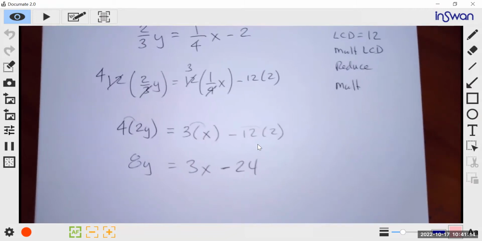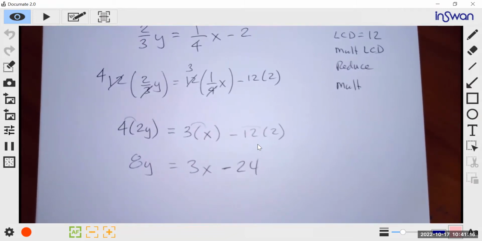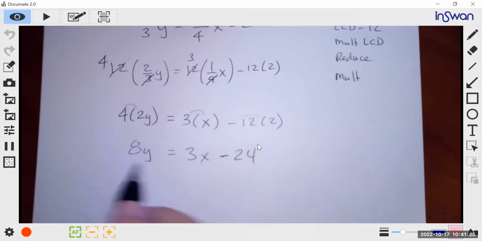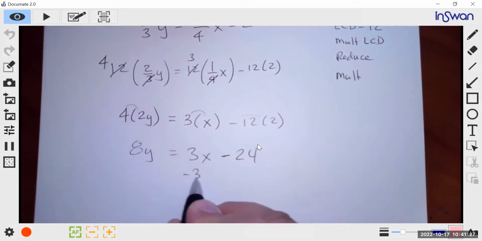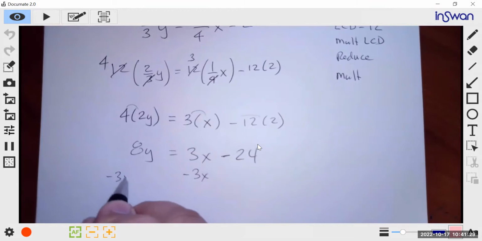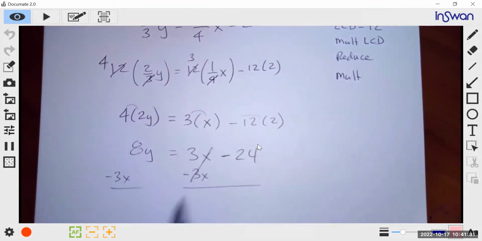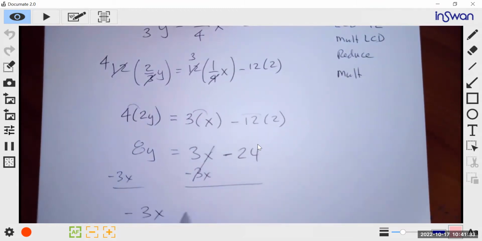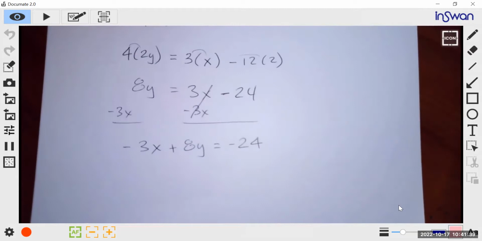Since we want it in standard form, what do we have to do at this stage? Yep, 3x. So notice there's no more fractions. So we subtract 3x from both sides. So negative 3x plus 8y equals negative 24.